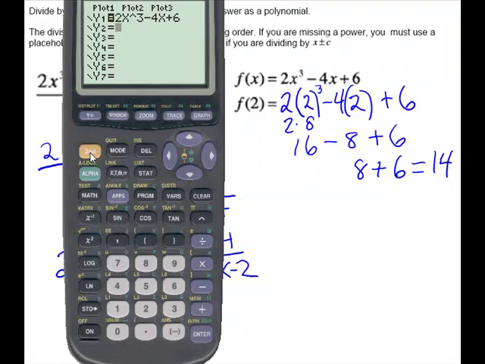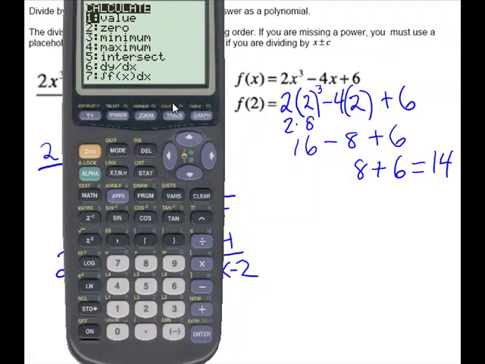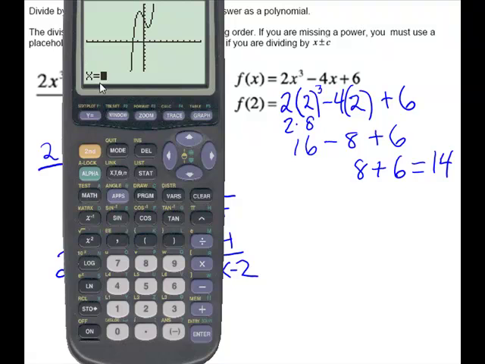And we will just hit graph. We didn't need the graph, but we'll do second calc. And what we want to know is value, number 1. And we want to know when x equals 2. And click enter, and it gives us the answer. So that's evaluating. So it's second calc value.